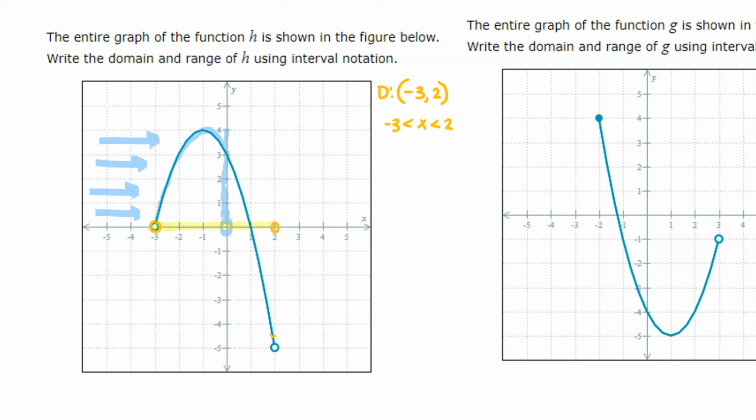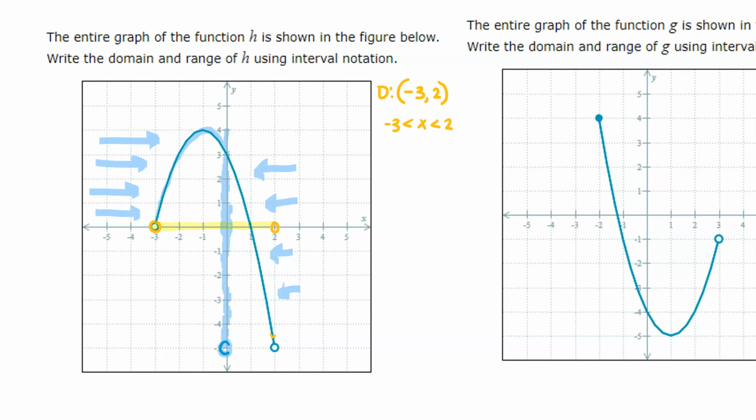Then if I come from this other side, right, thinking about the function shadow on the y-axis, this side shadows from 3 down, down, down, down to -5, and -5 was not included. Now something kind of crazy happened here.